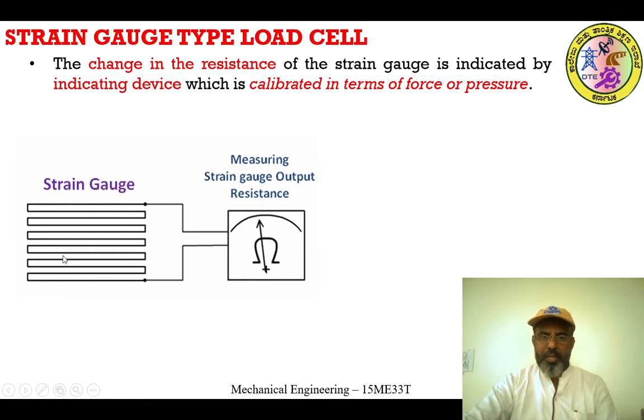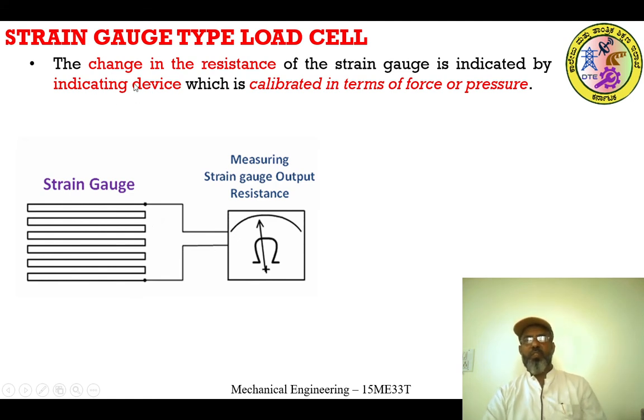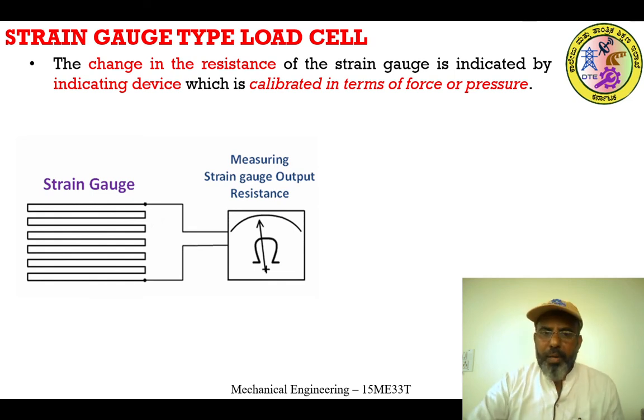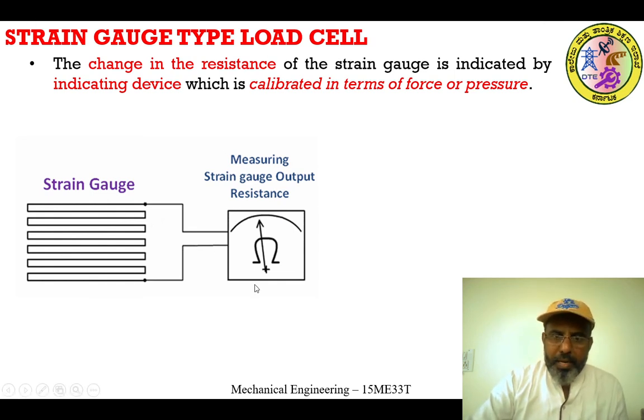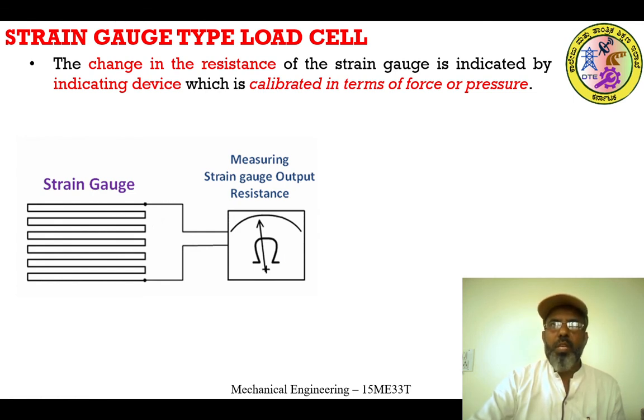When the length decreases, it gives the negative value. Therefore, when there is a change in resistance of the strain gauge, it is indicated by the indicating device, generally a voltmeter, and this voltmeter is calibrated in terms of force or pressure. This is how a strain gauge type load cell works.